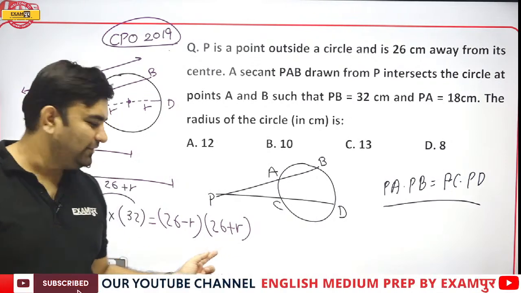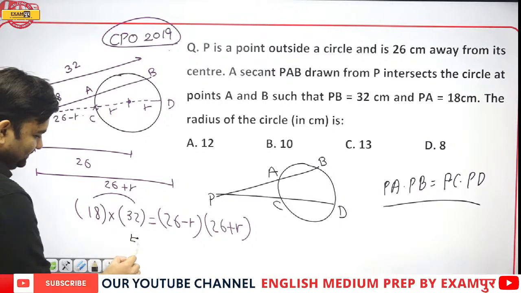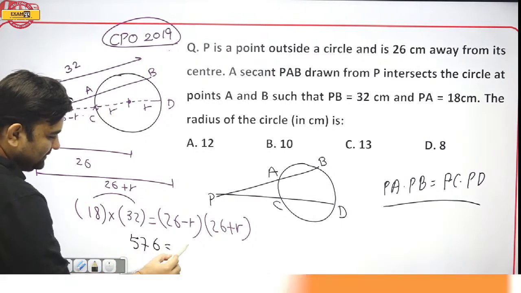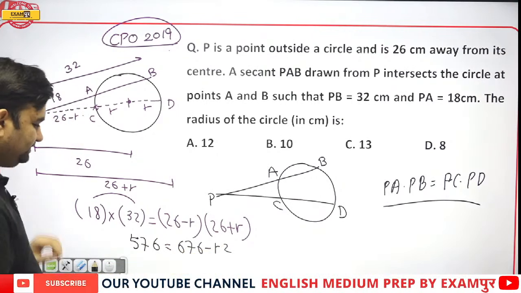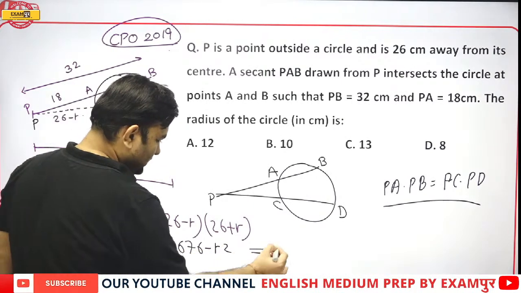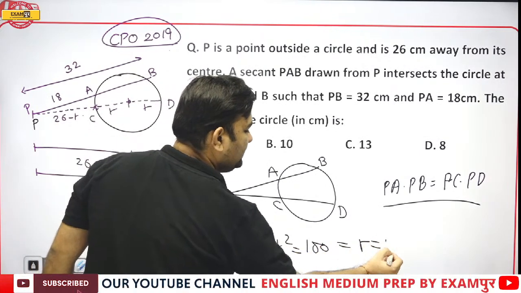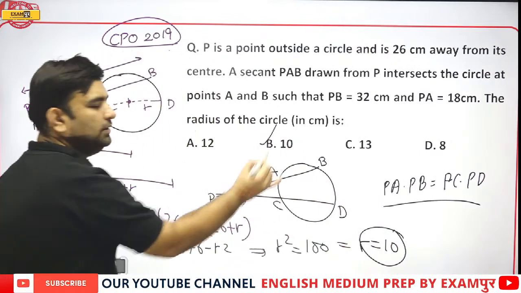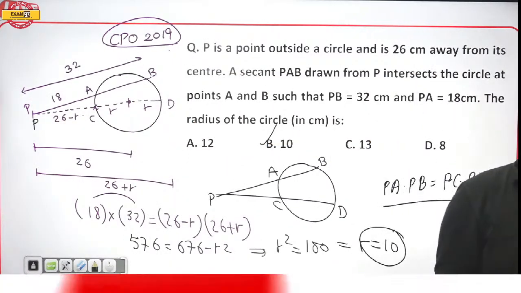I think it will become 576. 576 is equal to 676 minus R square. So R square is 100. So R is 10. You can cross check as well.